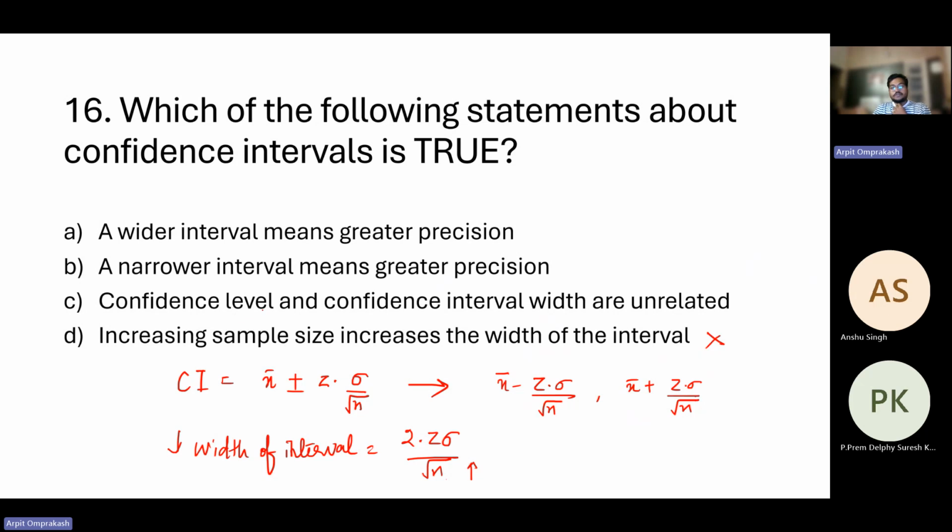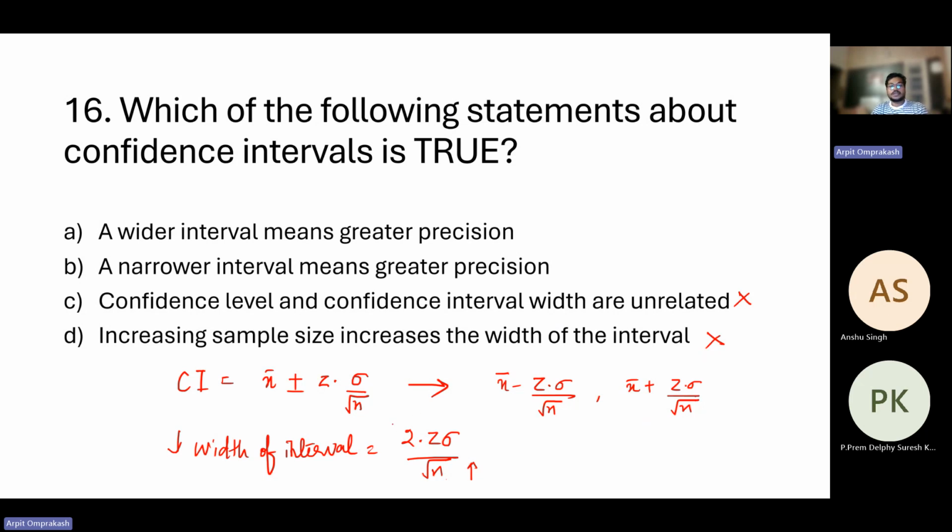Again, confidence level and confidence interval width are related. They're not unrelated, so this is false. For example, if we talk about a 95% confidence interval, the Z value will change accordingly, and the Z value also affects the interval width.